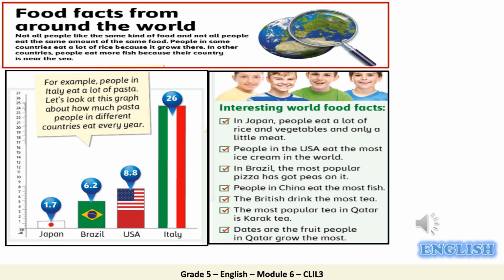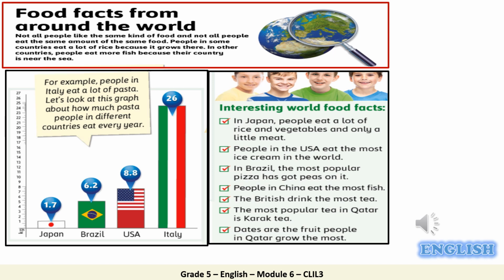Not all people like the same kind of food, and not all people eat the same amount of the same food. People in some countries eat a lot of rice because it grows there. In other countries, people eat more fish because their country is near the sea. For example, people in Italy eat a lot of pasta. Let's look at this graph about how much pasta people in different countries eat every year.